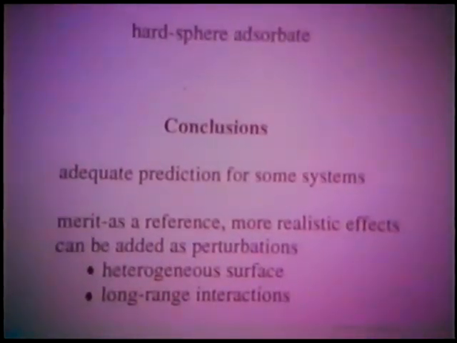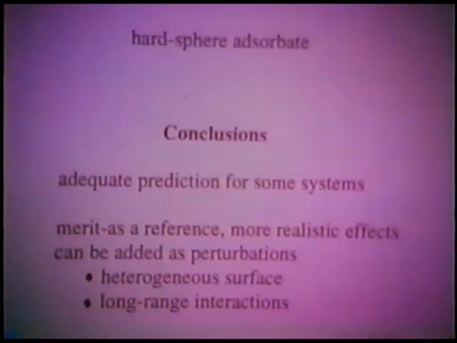For example, perturbation theory can be used to relax our assumption of a homogeneous absorbing surface. We could introduce a heterogeneous surface, and also long-range interactions, such as the dispersion interactions. In this way, we can introduce the cooperative effects via perturbation theories. So the model can serve as a reference.